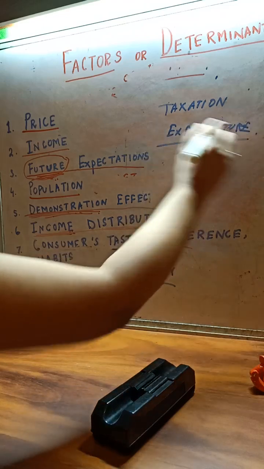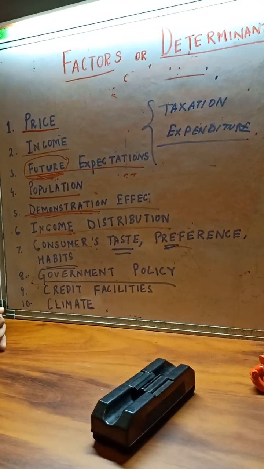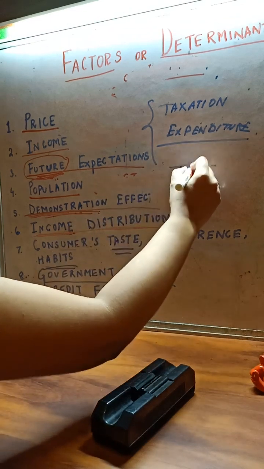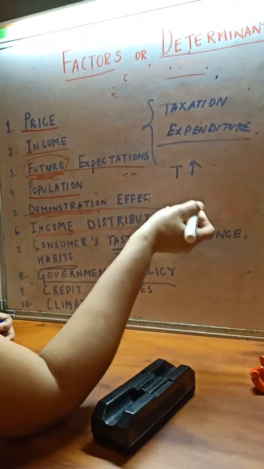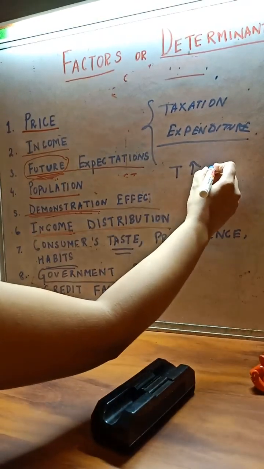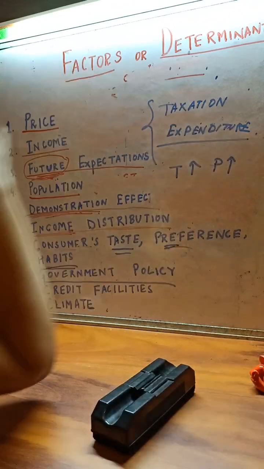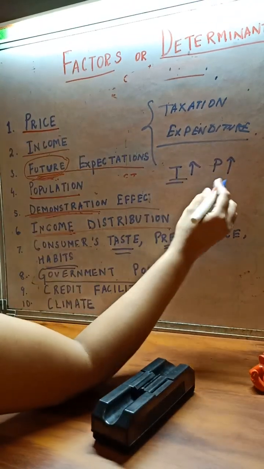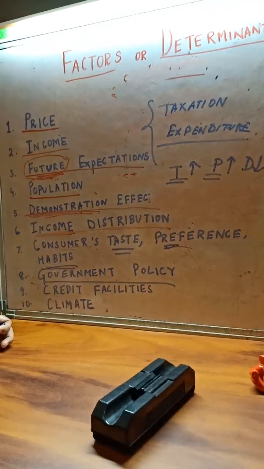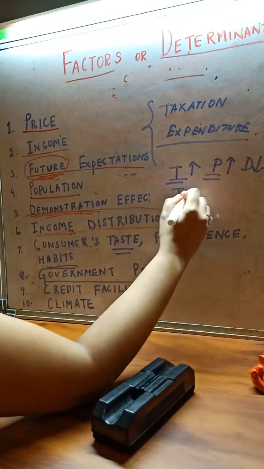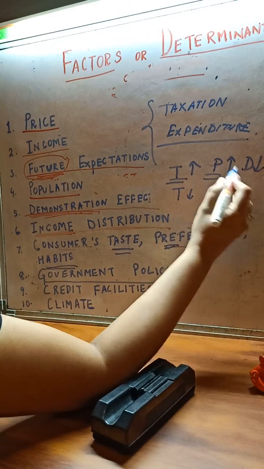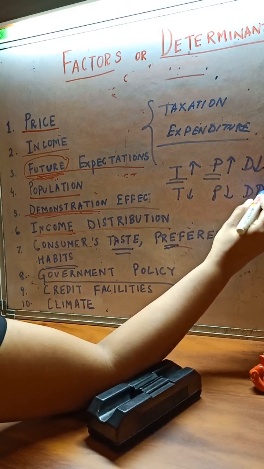Now, if there is a change in government policy, if the government wants to increase the tax, if taxes are rising, definitely it will have an impact on the price of the goods. So the price of the goods will rise because there is an increase in tax. If the price of the goods rises, definitely demand will fall. If the taxes decrease, the price will fall and the demand will rise.